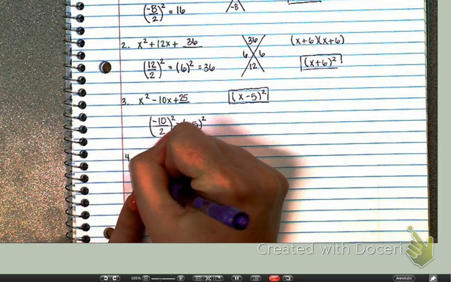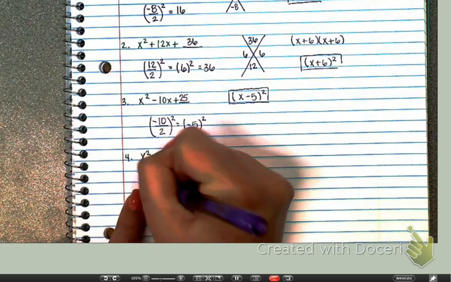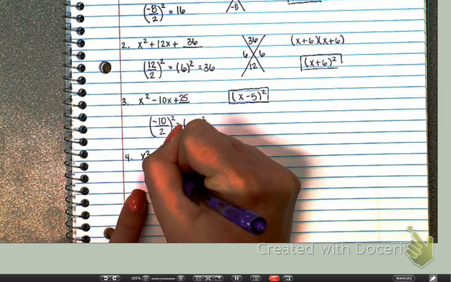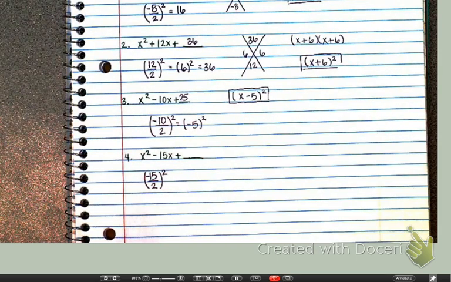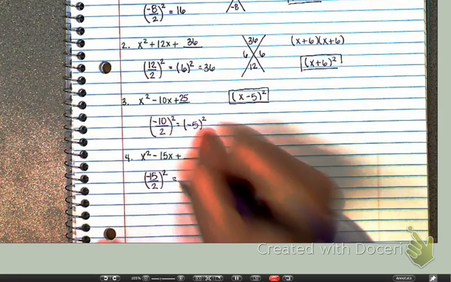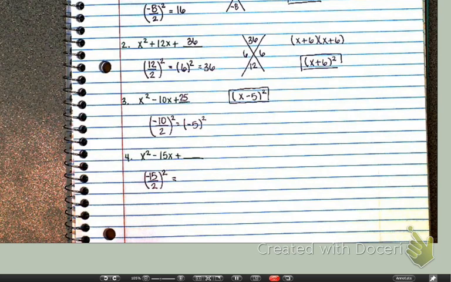So negative 15 divided by 2 squared. Can you simplify negative 15 over 2? No. Okay, so we're going to leave that as is. What is negative 15 over 2 squared?